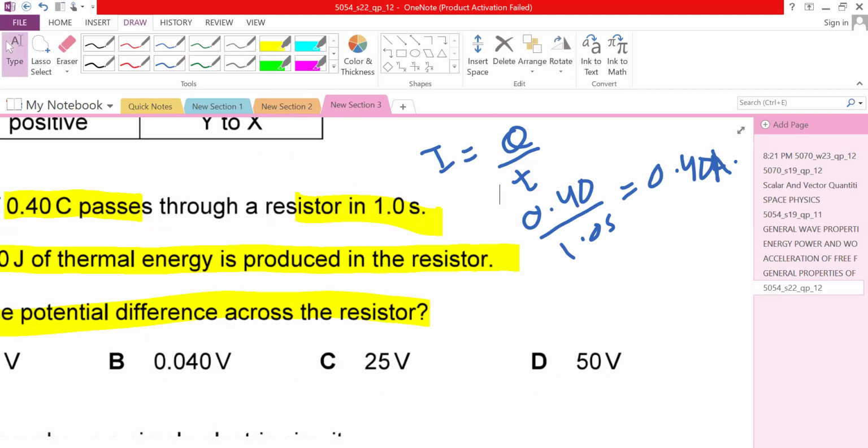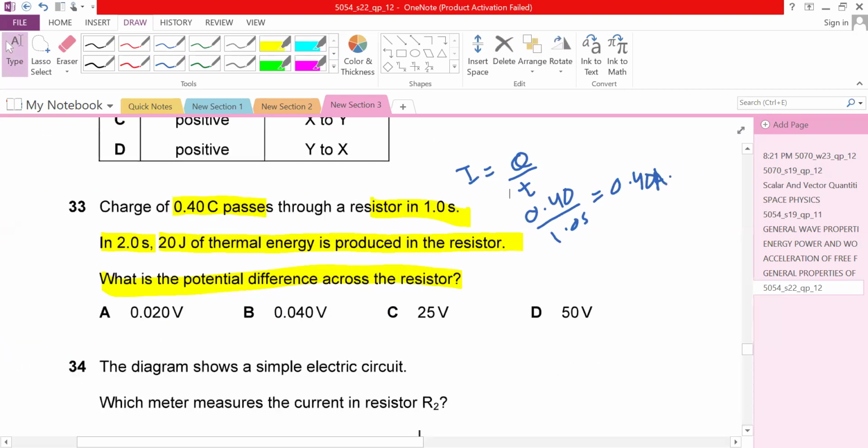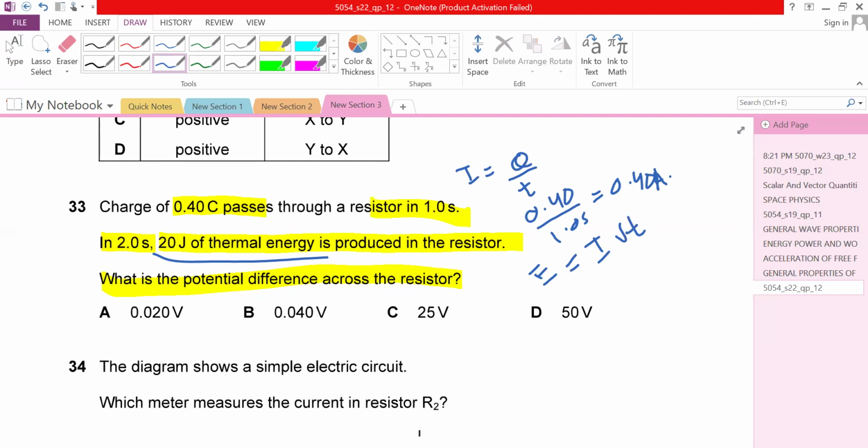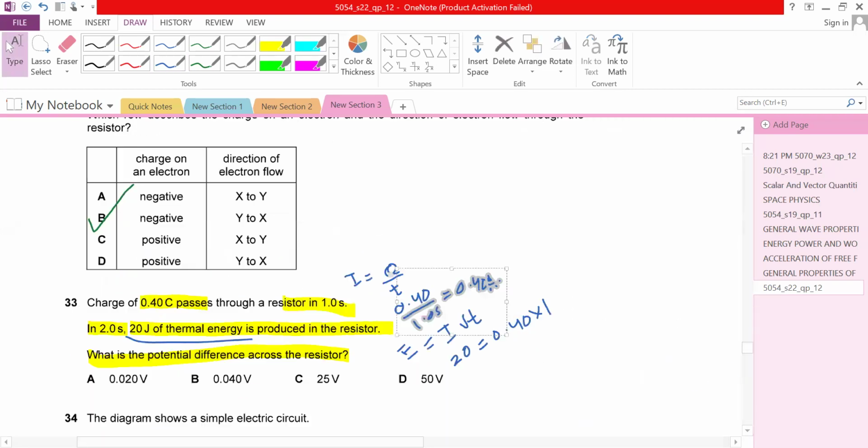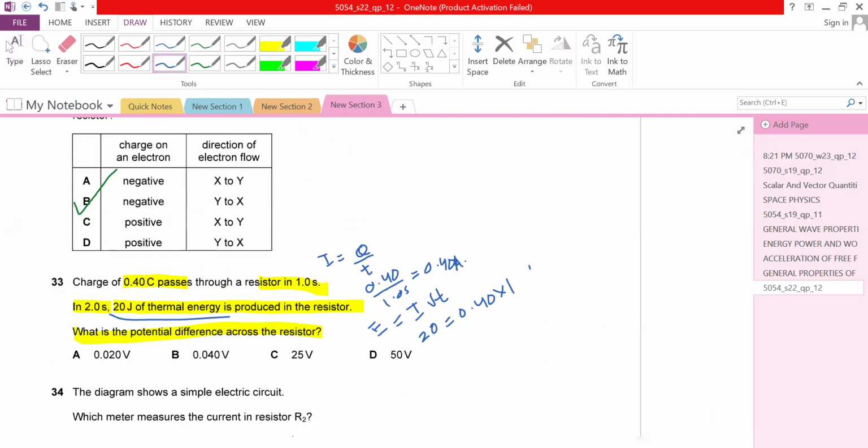Now you have calculated the current, you have to calculate the potential difference across the resistor. The energy is given as 20 joules. So energy equals I V T. Energy is 20, I you have calculated as 0.40, time is 1, and you have to find the voltage.